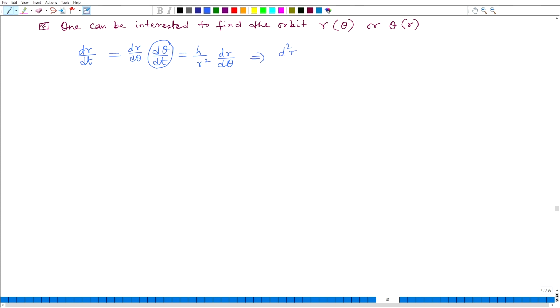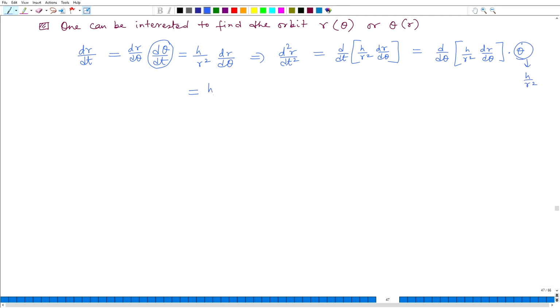Then d2r dt2 in the same way is nothing but d dt of h by r square dr d theta, and then it will be d d theta of h by r square dr d theta times d theta dt, which I can again write as theta dot, which is h by r square.